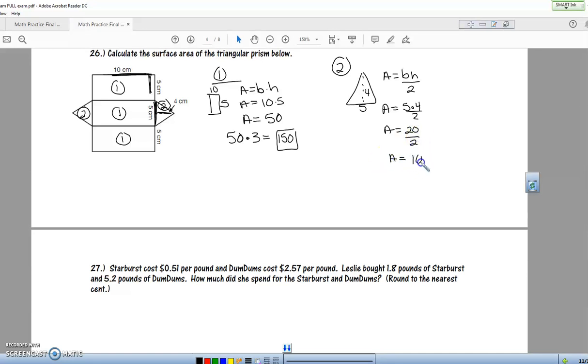That gives me 10. Now there are 2 of them, so I'm going to multiply my 10 times 2 to give me 20. My final step is to add up. So 150 plus 20 gives me a total surface area of 170 centimeters squared.